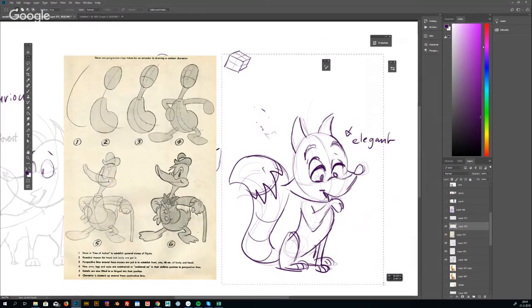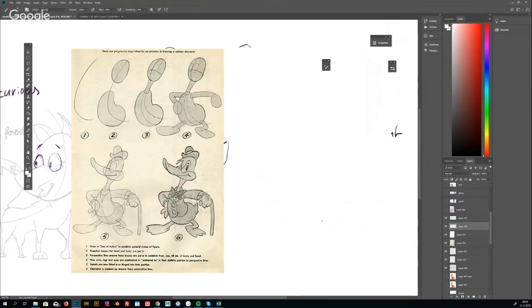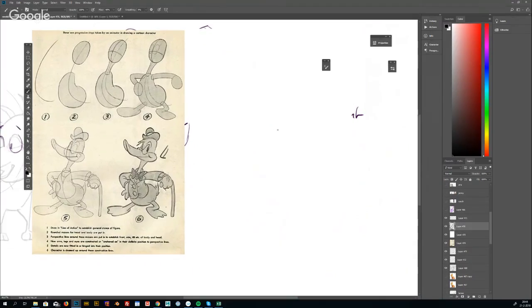Try to draw this character. In these steps, they tell you: you have this ball, then you have this spear, and then you make the smaller shapes, and then you draw the details on it.